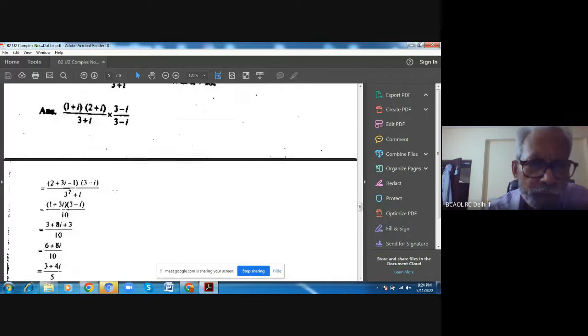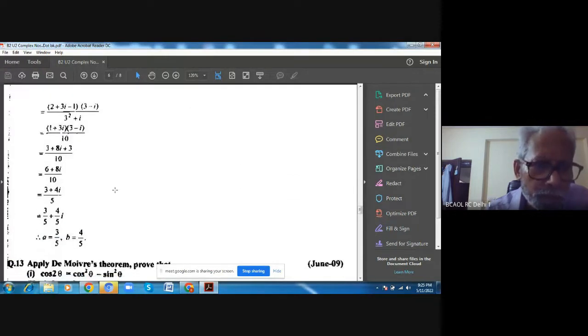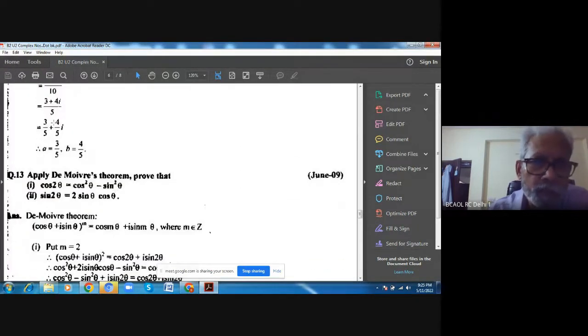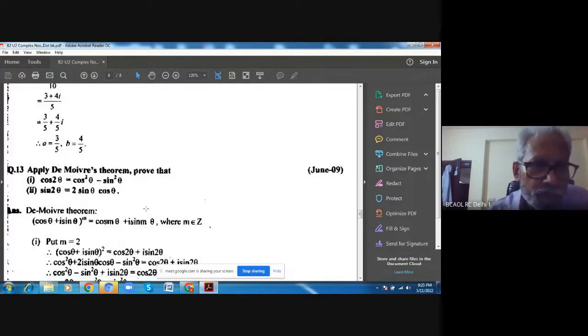So don't worry about it. You have to practice it, and this is a very important formula. Apply De Morgan's theorem. It has come several times, every alternate year. I have seen the last 6 to 7 years of question papers, 10 to 12 semesters, and this type of thing always comes. De Morgan's theorem is very, very important.